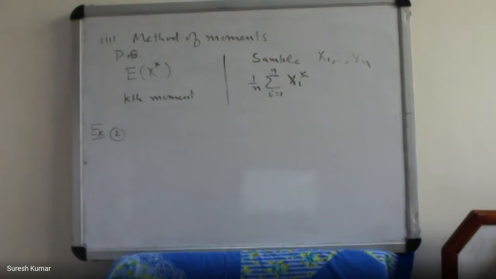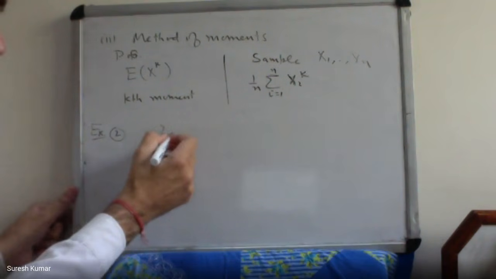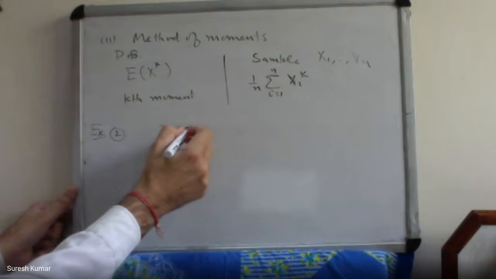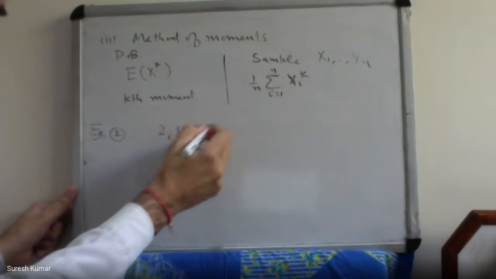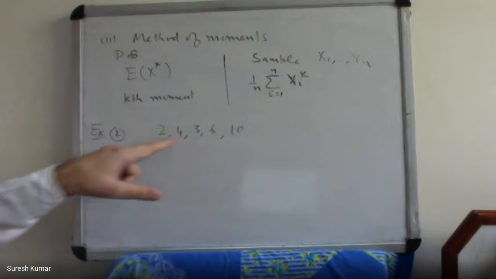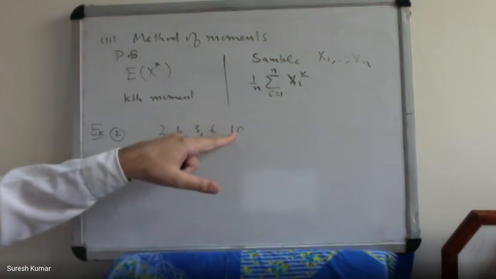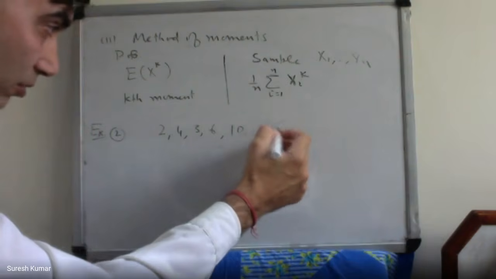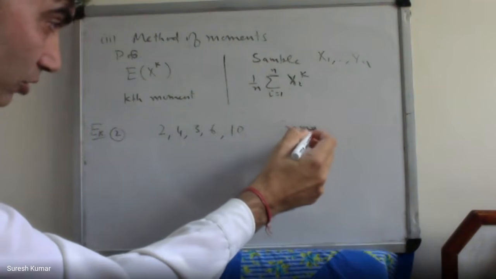Suppose 2, 4, 3, 6, and 10 are the values of a sample of size 5 from a gamma distribution.